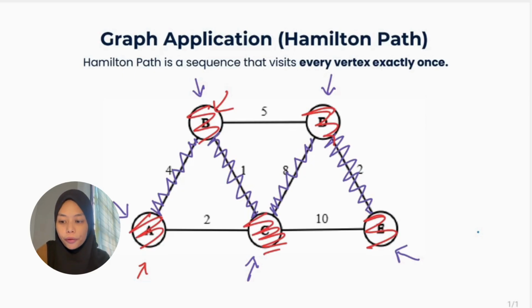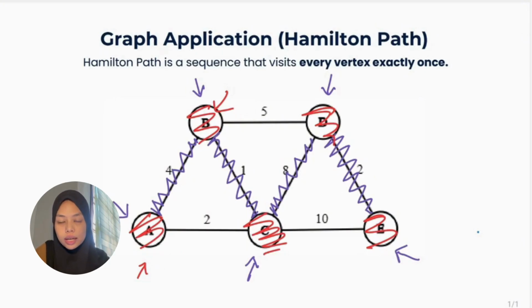However, it is important to note that a Hamilton path does not focus on cost optimization. Unlike the minimum spanning tree that we discussed earlier, which aims to minimize the total cost of connection, a Hamilton path only focuses on finding a route that visits all vertices once.